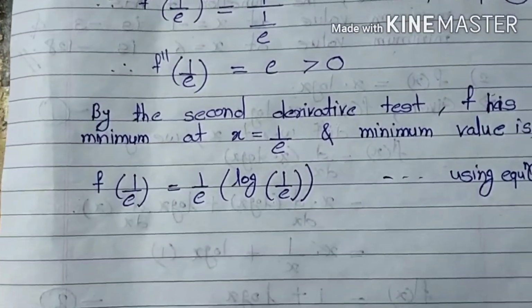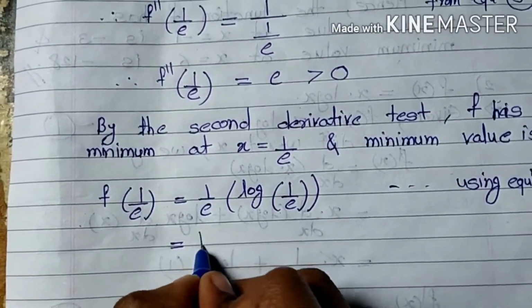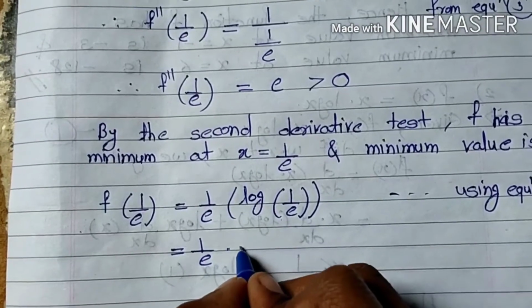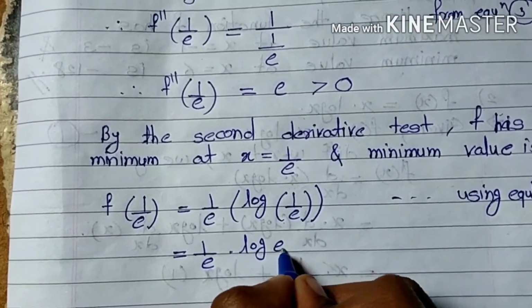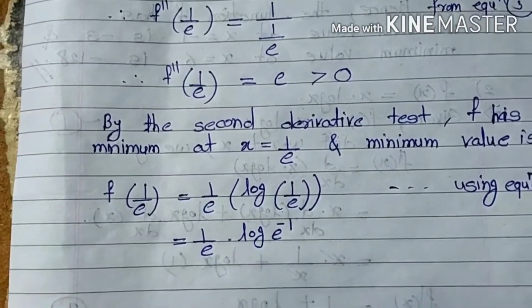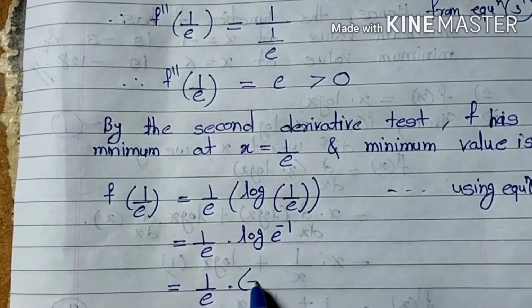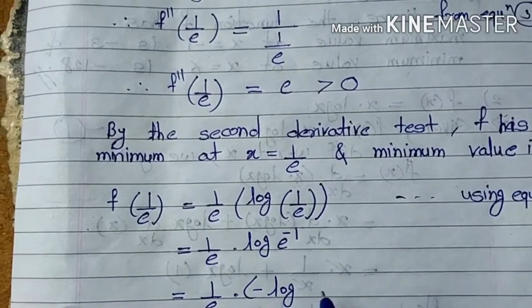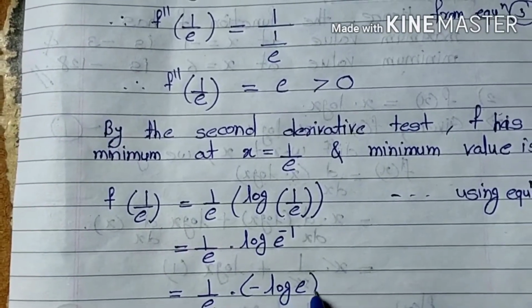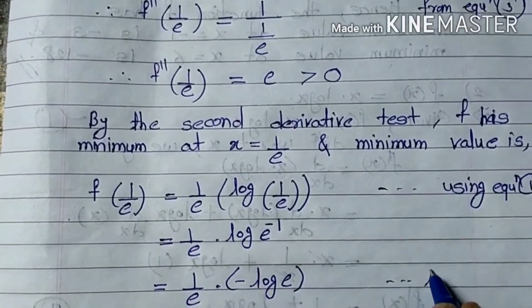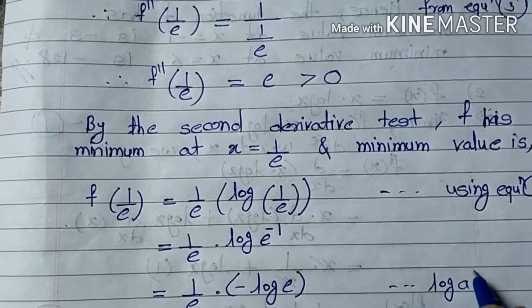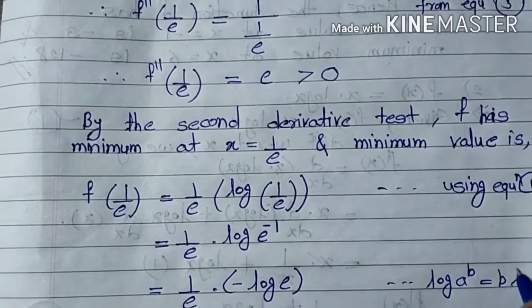Okay, so it is 1 upon e, here is log e raised to minus 1 using laws of indices. Using logarithmic formulas, here is minus log e, log a raised to b is equal to b log a.